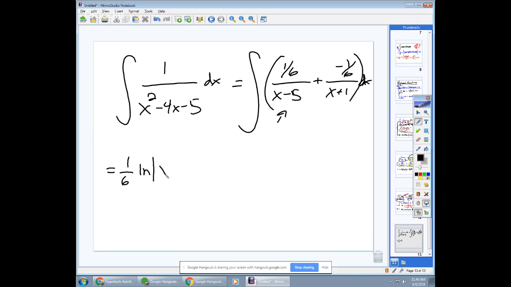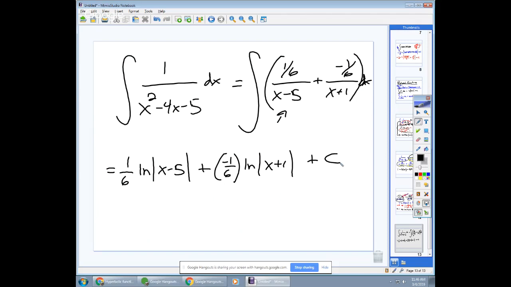Natural log, absolute value, x minus 5. Plus, negative 1/6 is just a constant. And the antiderivative of 1 over x plus 1 is the natural log of the absolute value of x plus 1. So that's one form of the answer.